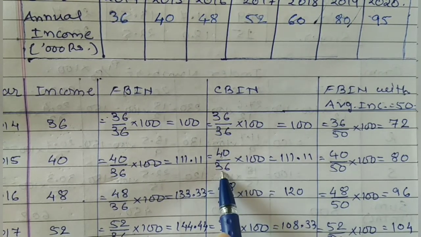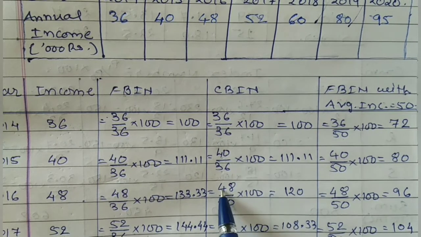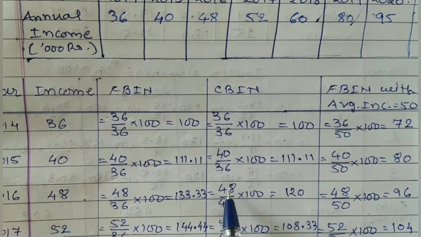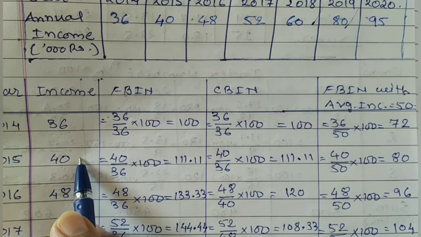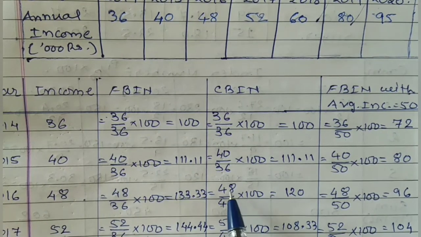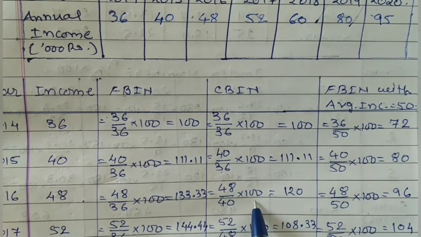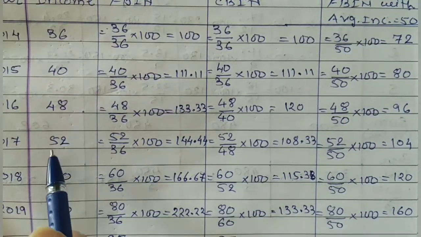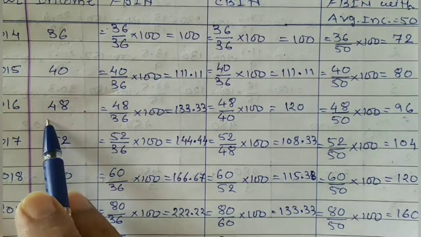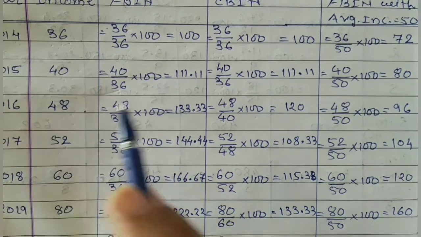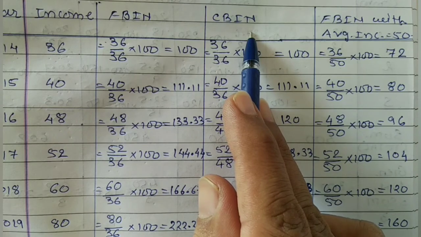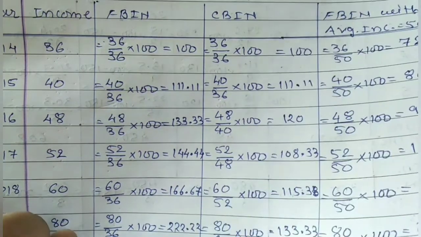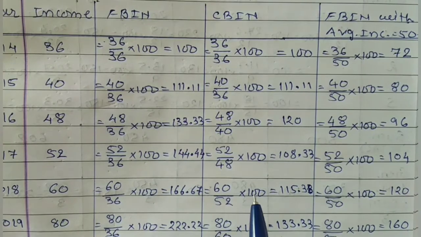Now this base is going to change every year. Check it properly. Price of current year is 48, upon price of previous year, 2015's price, that is 40. That's why 48 upon 40 into 100. Same way, 52 is my current year's price and 48 is my previous year's price. We are calculating the chain base index number. Chain means it is connected with the previous year, and that is why it is called chain.